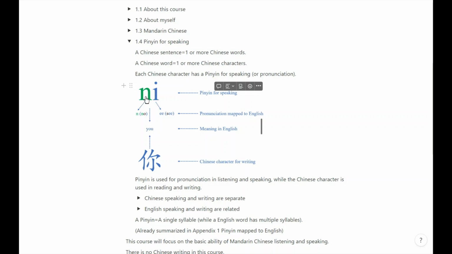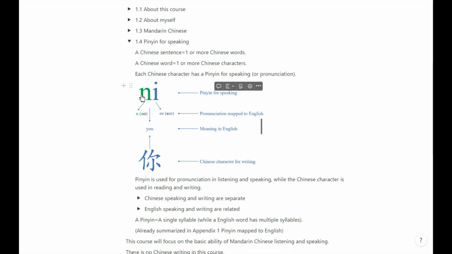And for the pinyin, we can map the pronunciation to English. For example, here, this Chinese character's pinyin is pronounced as ni.